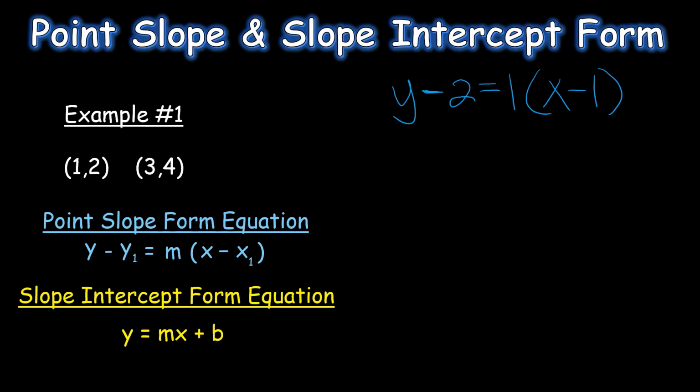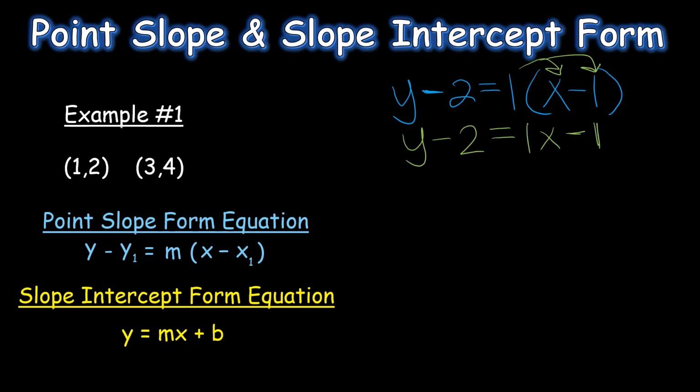So we are going to do y minus 2 equals, and then we just multiply it by x and negative 1. So we have 1x, and then minus 1 times 1 is 1.